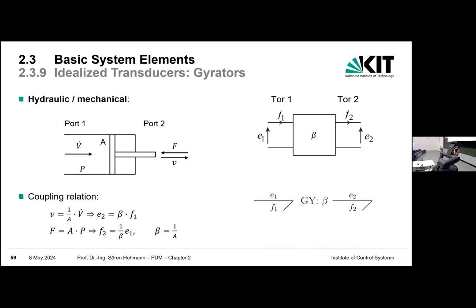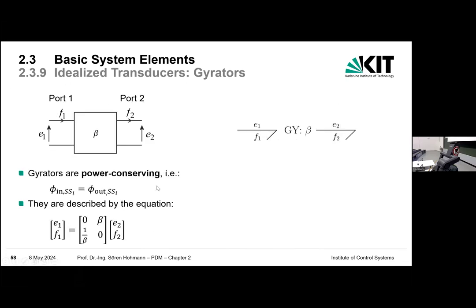If you want to change the variables just mathematically, you have to introduce a gyrator with beta equal to 1, because then you have an interchange of the variables. That's it. This is very important for one of the later chapters. A big remark at that point: you can always interchange the effort and flow variables by introducing a gyrator in between with beta equal to 1.